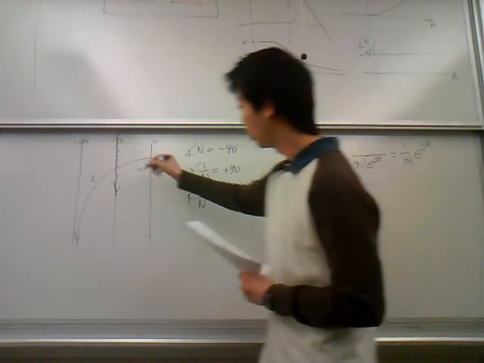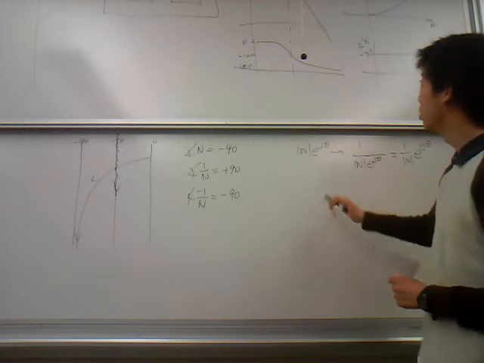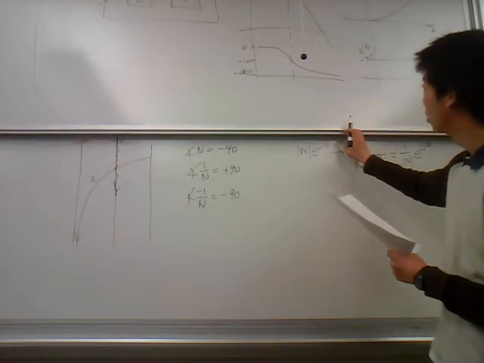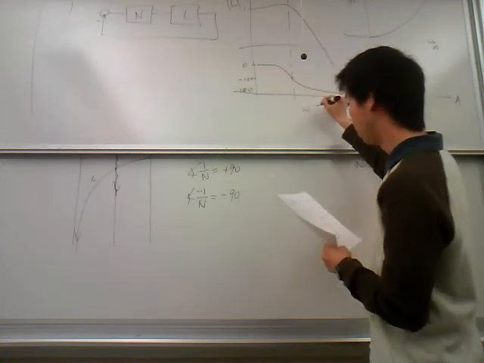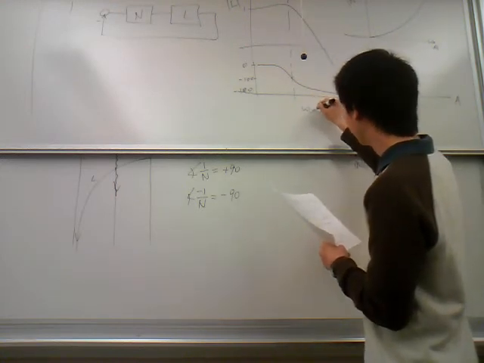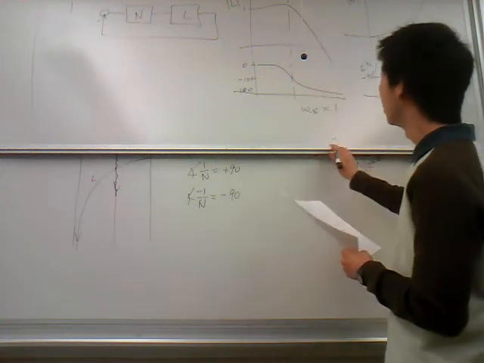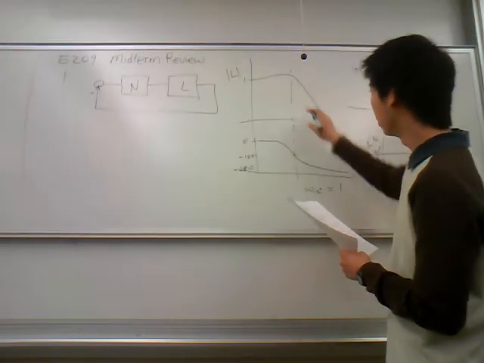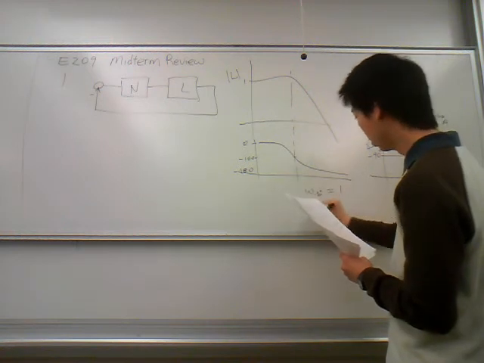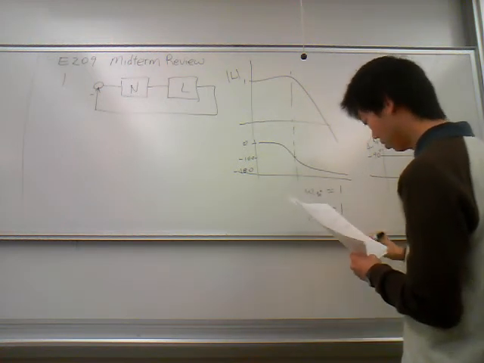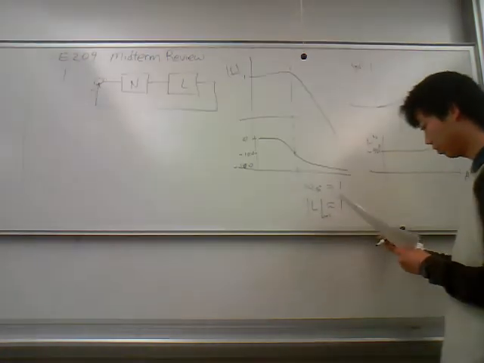So where does it intersect? Well, that's when the linear part crosses the negative 90-degree mark. And if you look at the Bode plot, it's approximately omega equals 1. And the magnitude of that point is approximately 1.